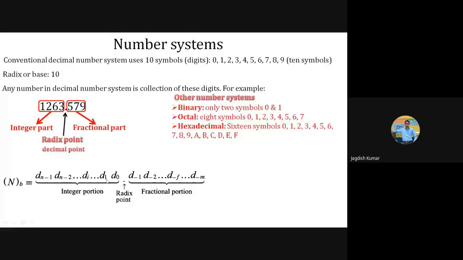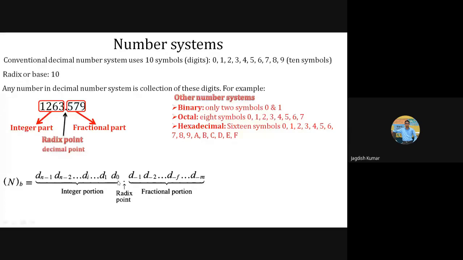So we have an integer part, as we already discussed as an example, and so on. These are called digits of the number system. In the binary number system, these are also called bits, so we can have 0 and 1.